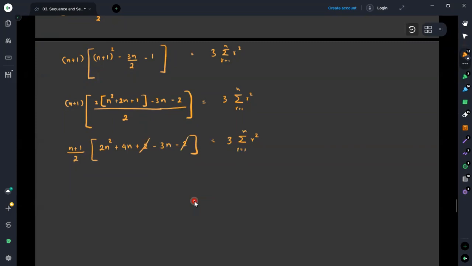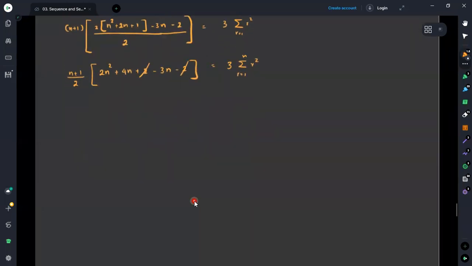We can cancel out plus 2 with minus 2, and we can see the remaining quantity would be 2n squared plus n. Then we'll get it as 3 times the summation of r squared, where r is going from 1 to n. Now we'll take the common terms out.